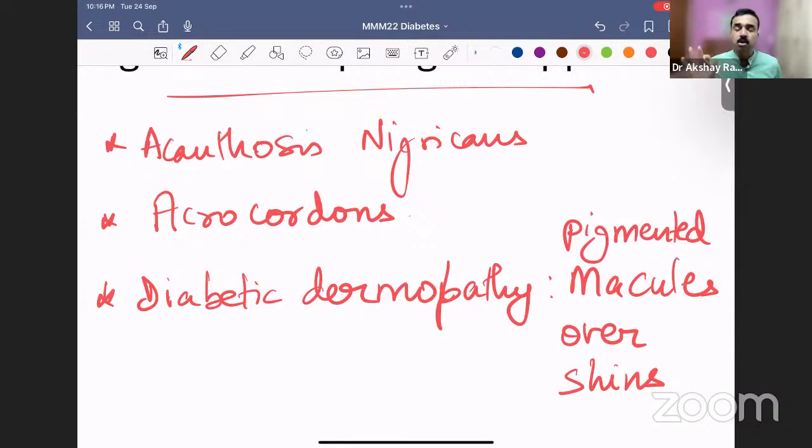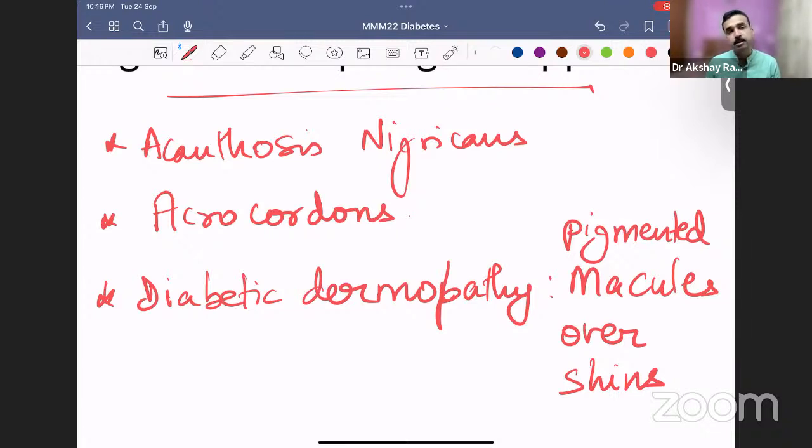It's an indicator of long-standing diabetes. So such an individual will probably be thin because long-standing insulin resistance has now led to beta cell burnout and insulin deficiency. So if you see a thin individual with type 2 diabetes, most likely it's a long-standing diabetic. If you see diabetic dermopathy on their shins, it's probably a long-standing diabetic.